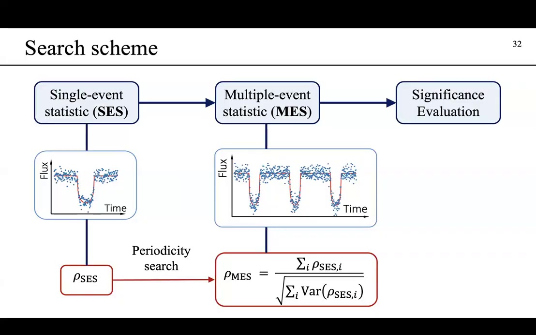So if you just write the detection problem for multiple transits and then do some algebra, you get that the multiple event statistic, MES, which is this, can be obtained from the single event statistic, SES, using this summation. So you basically sum all the single event statistics and you normalize them by the variance.